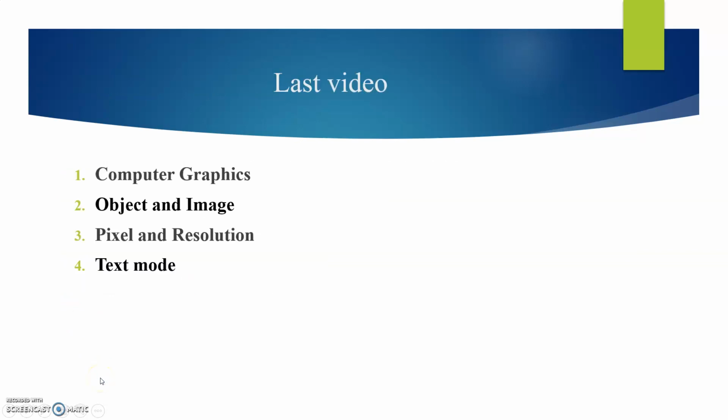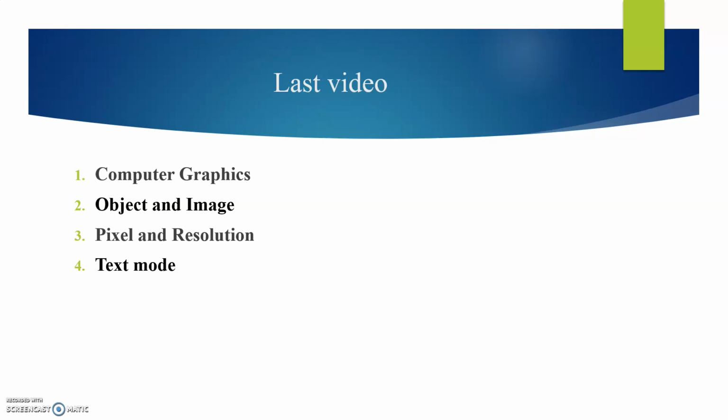In the last video, we studied the Introduction to Computer Graphics. We studied that computer graphics means images and graphs that are drawn with the help of computer. Second point, we studied object and image. An image is basically a representation of a real world object on a computer.